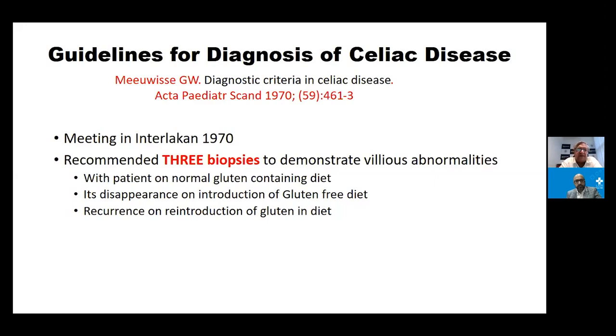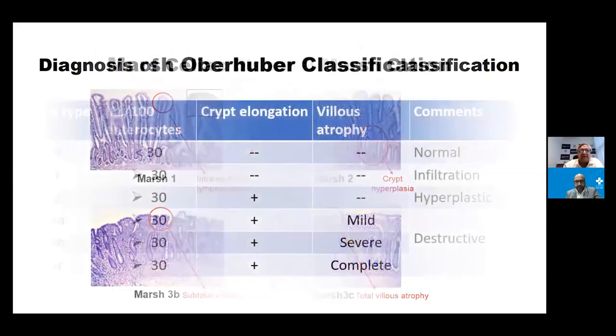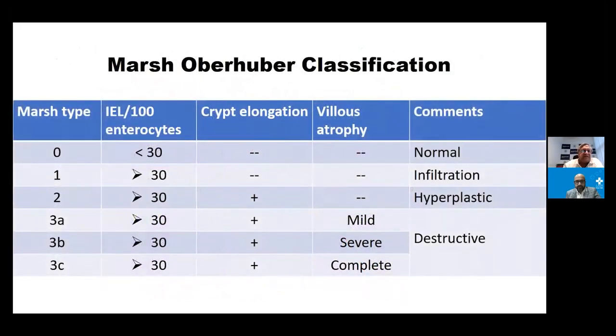That would confirm that this is because of gluten and the person is suffering from celiac disease. Before that, the diagnosis used to be made on clinical grounds. So this was the first time that an objective, lab-based diagnosis of celiac disease was defined, in 1970. And Marsh had the classification looking at the villus, the intraepithelial lymphocytes, and the crypts. They had various types: 1, 2, 3A, 3B, 3C.